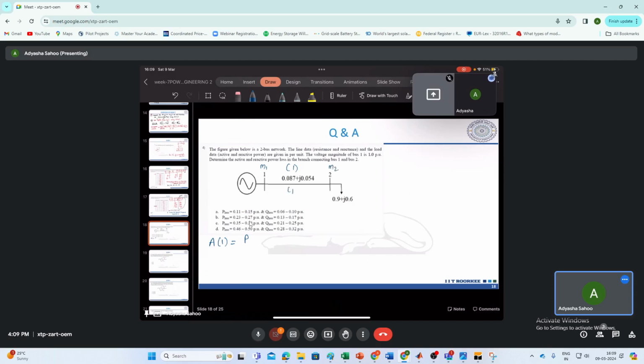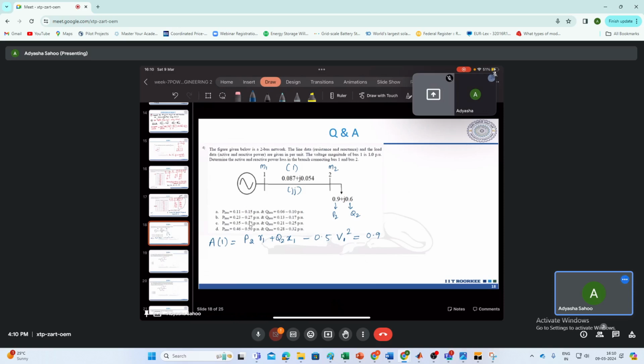What is P2 R1 plus Q2 X1 minus 0.5 V1 squared? P2 is 0.9, this is P2 and this is Q2.